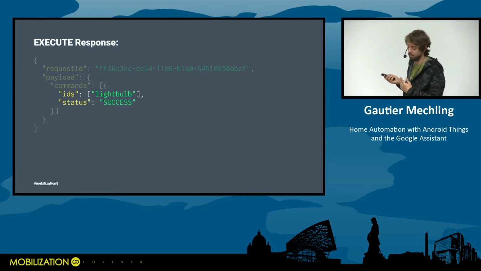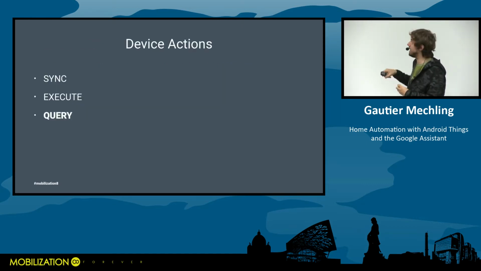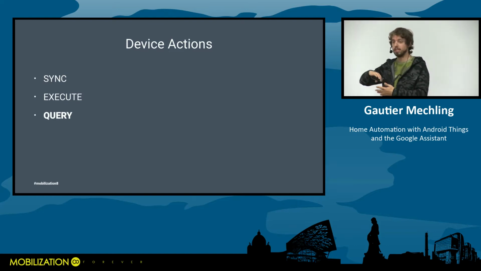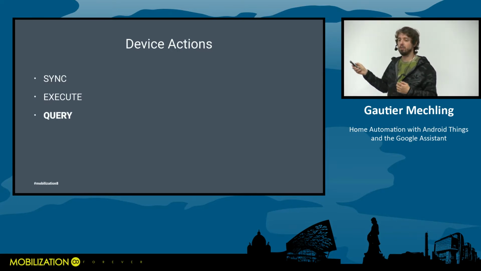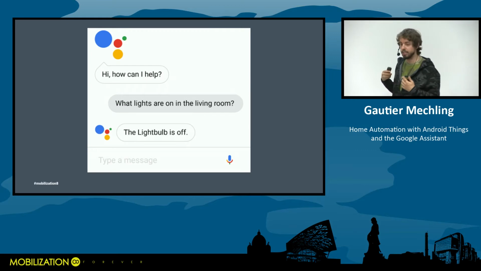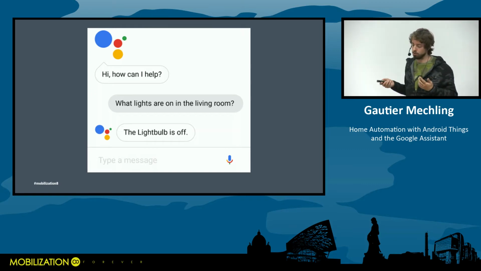It's very simple JSON. And finally, the last action our web service has to understand from the Google Assistant is the query intent. Query is very useful when we ask the Google Assistant questions like, "What lights are on in the living room?" The Google Assistant cannot infer that. So to be able to answer that question, what lights are on? Yeah, my light bulb is off.